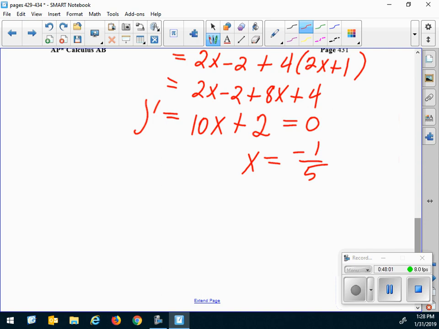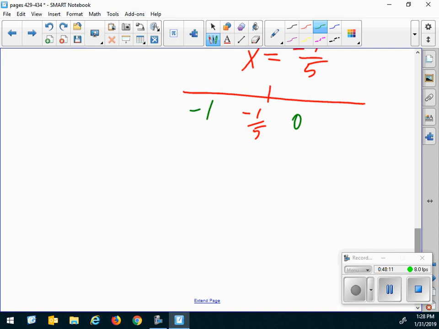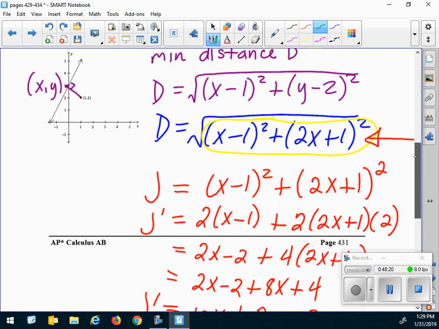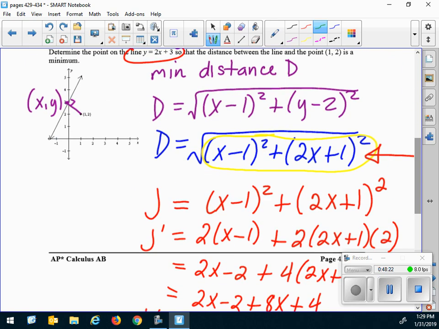All right, let's check it. Wait, what? Can a negative number be an x value? Sure. So that's legitimate.